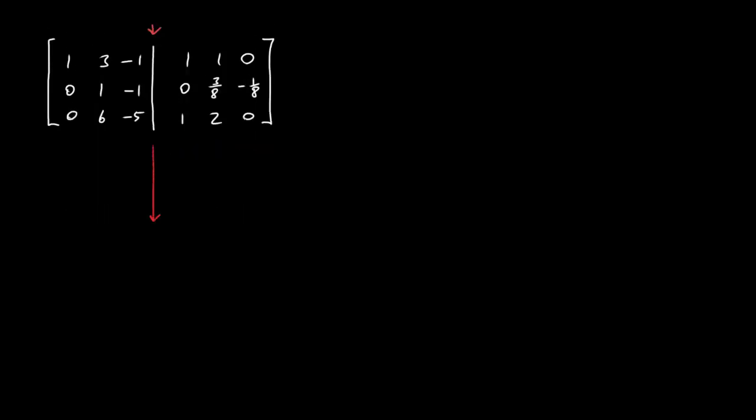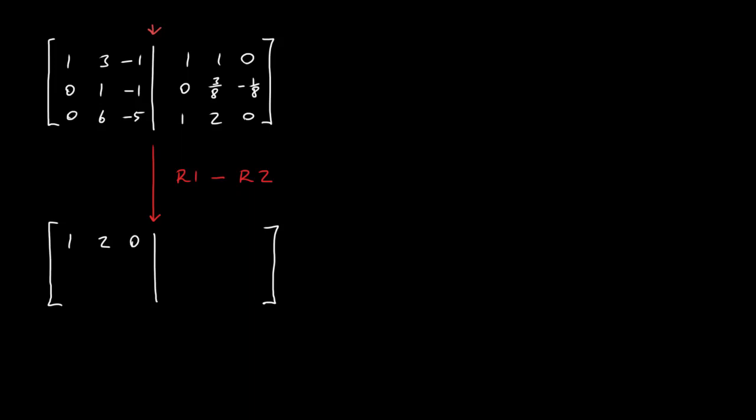Okay, so next step then, I'm going to take row 1 and I'm going to subtract row 2. So I'm going to subtract row 2 from row 1. So first row then just becomes 1, 1 minus 0, 0, 3 minus 1, 2, and minus 1 minus minus 1 is 0.